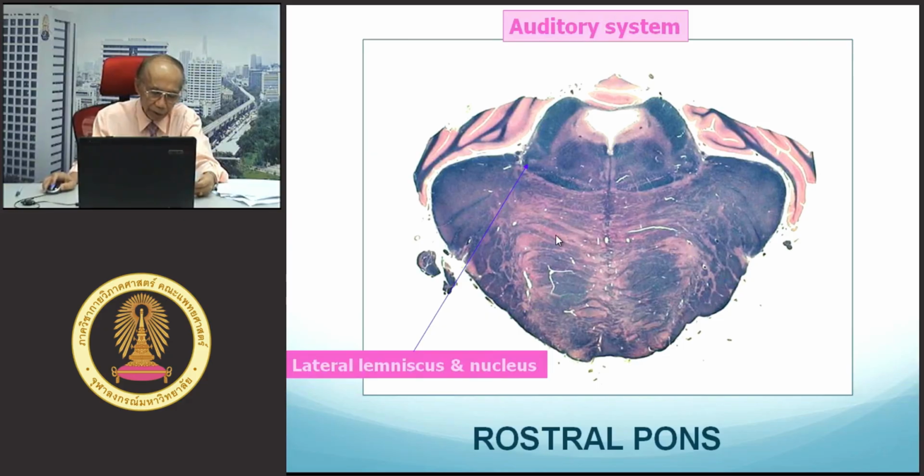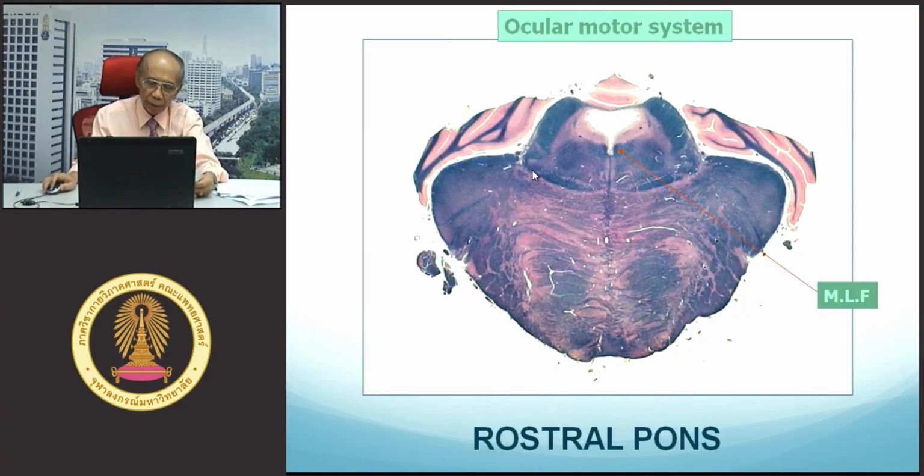The auditory system includes the lateral lemniscus and its nucleus here. The oculomotor system includes the medial longitudinal fasciculus or MLF, which controls the horizontal conjugate eye movement.